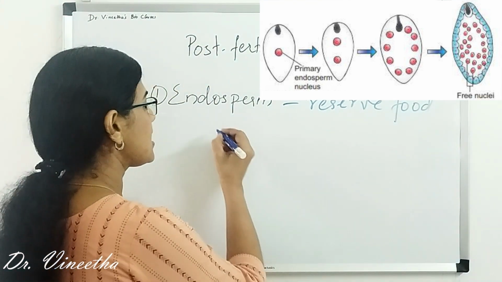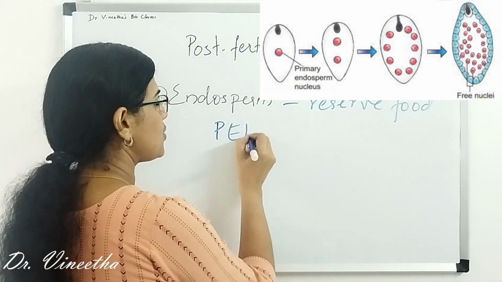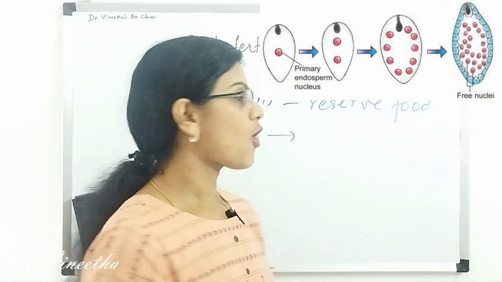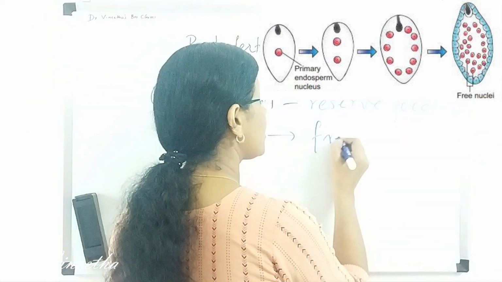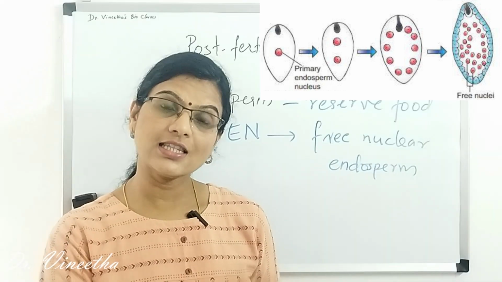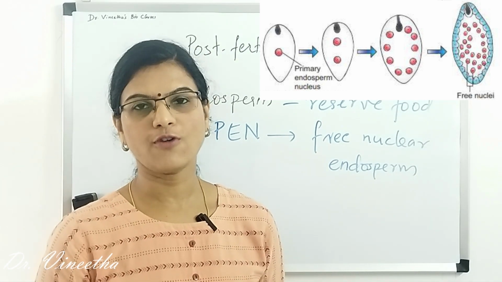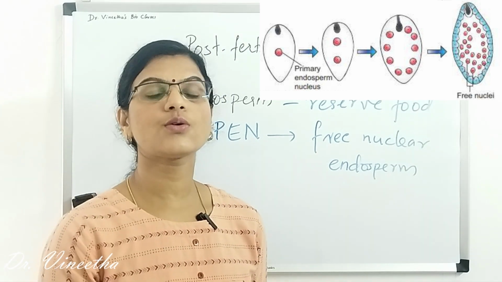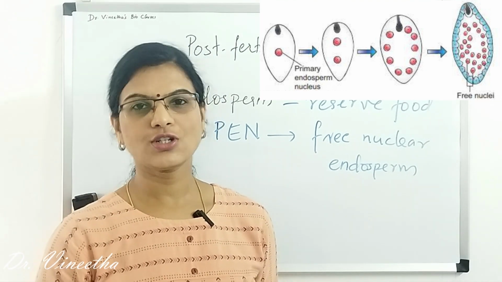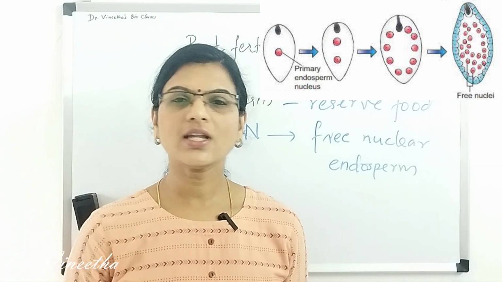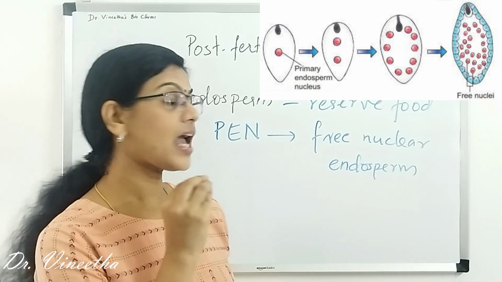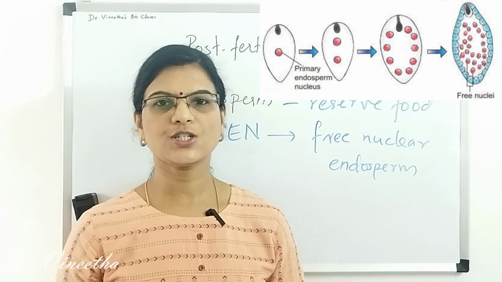This is followed by cell wall formation. So the nucleus undergoes repeated division and later on the cell wall formation occurs. And how many nuclear divisions occur in the primary endosperm nucleus varies from species to species.